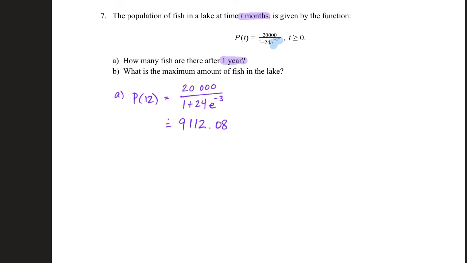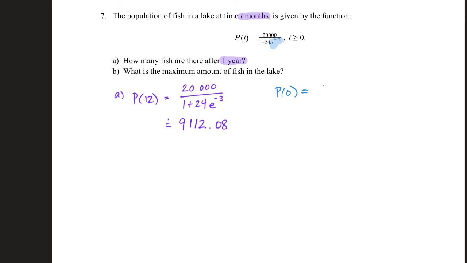So what that means is we know that exponential functions always increase or always decrease. They don't have a change of direction. And because of that, I know that my population of fish has to always be increasing or always be decreasing. So if I just found out what the population of fish was at another point in time, I would know what direction the population was going. For me, I think the easiest thing to do is find out the starting population.